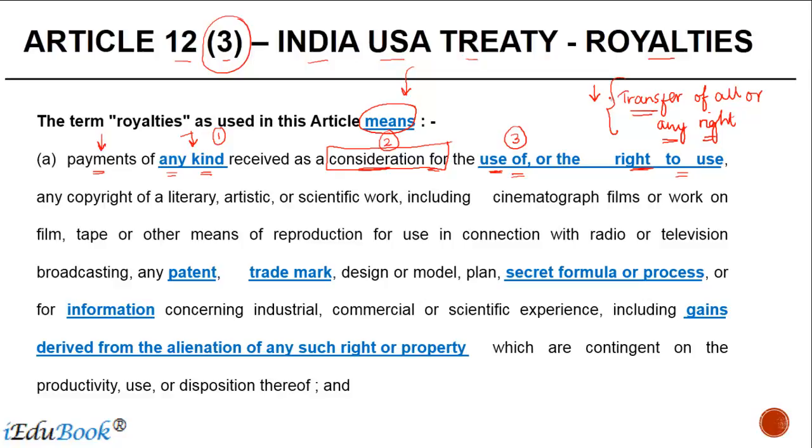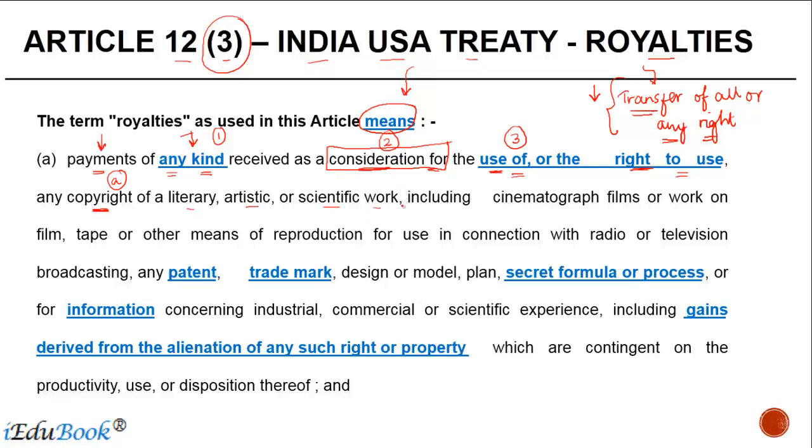There could be certain exceptions in respect of one or two payments, but unless this is specifically mentioned, it is only the payment which is being made for the use or the right to use any of the following which amounts to royalty. So the consideration for the use or the right to use any copyright of a literary, artistic or scientific work.